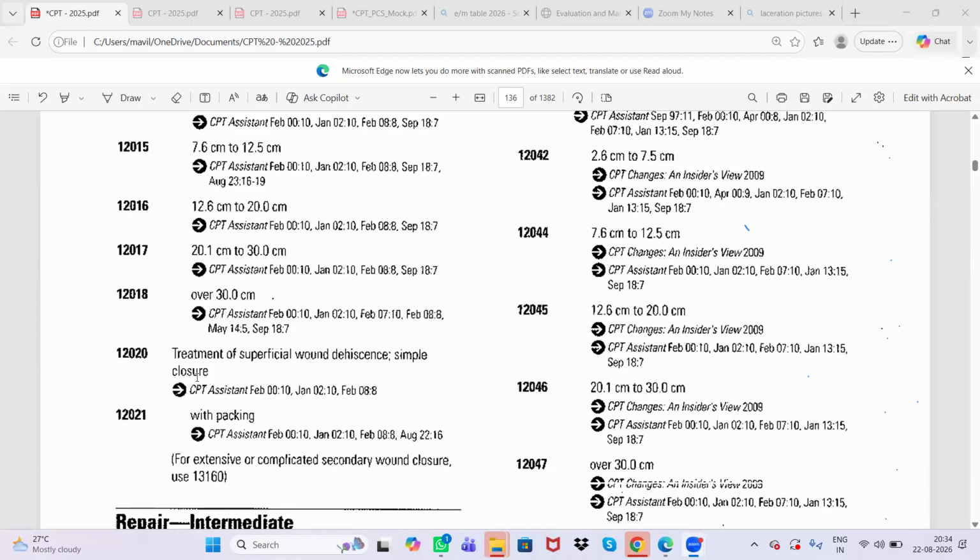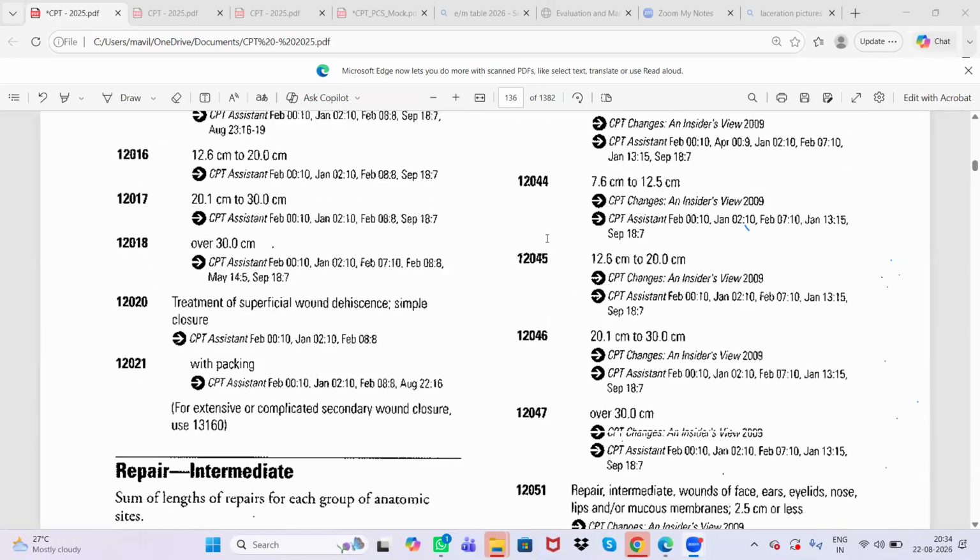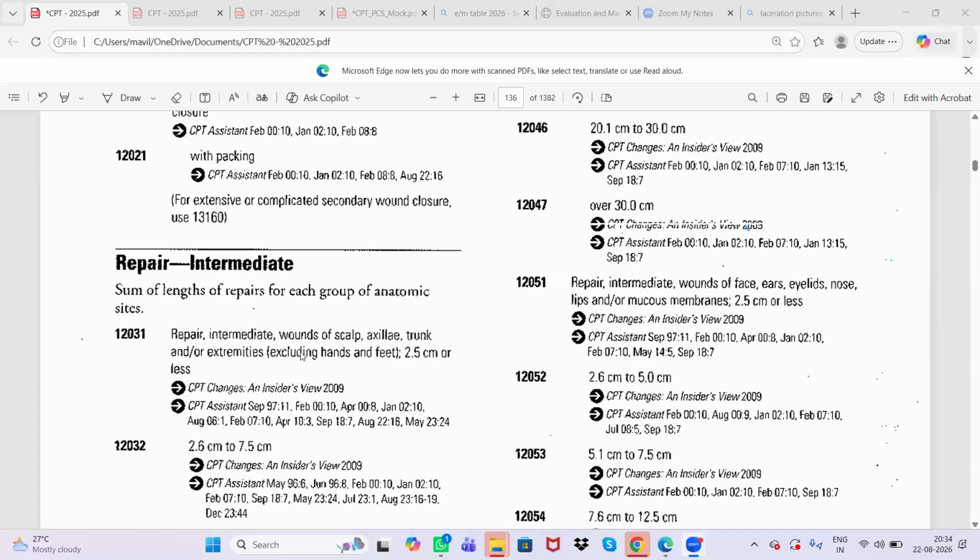So whenever treatment is being performed on the wound dehiscence, simple closure, that time we can code 12020, with packing, 12021. What is that packing? They will place the gauze piece. That's all. Okay, this is the simple repair code. Same way, based on anatomical areas, the intermediate repair is also aligned.